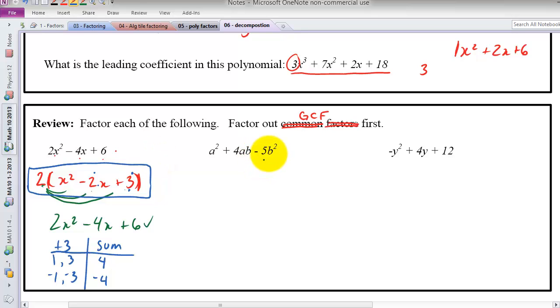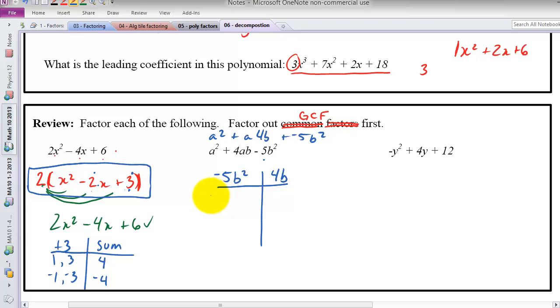How about this one? This one we can factor. We're going to look for two terms that when multiplied equal negative 5b squared and when added together equal 4b. You can think of this as a squared plus 4b plus negative 5b squared.